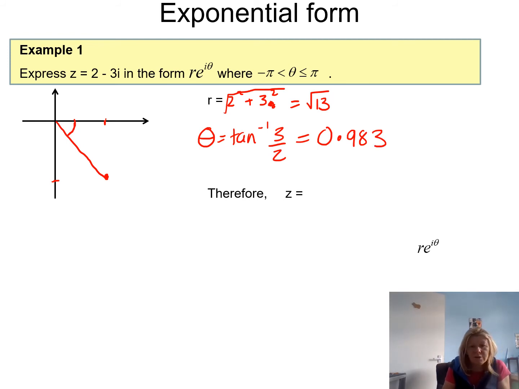Because we can clearly see that theta is a negative from that, because we want to make it all correct. A negative there and negative there. So the form is r is root 13, and it's e to the, I'll put the number first, 0.983i.